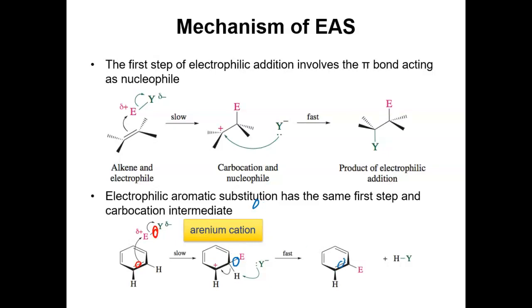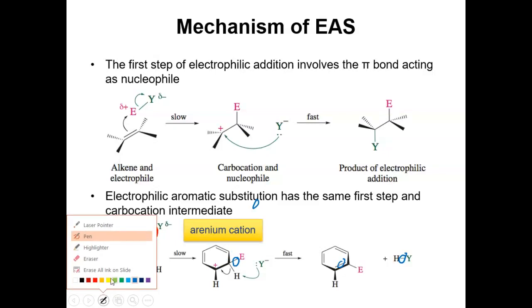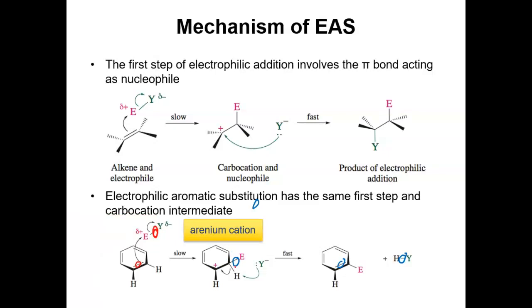This is a forming bond, and here is another forming bond. And this bond will be broken, here. So net, one bond is formed in the second step. So the second step is highly exothermic.